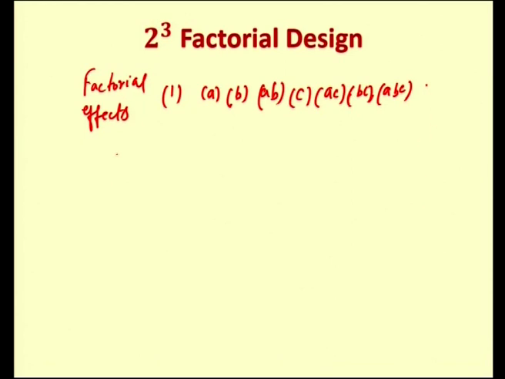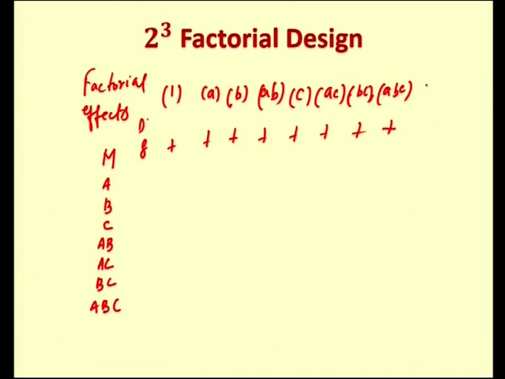Here, for the factorial experiment we have the general mean M and A, B, C, first level interactions AB, AC, BC and ABC, and for the treatment mean for the general mean we have all plus signs, and here the divisor is 8.